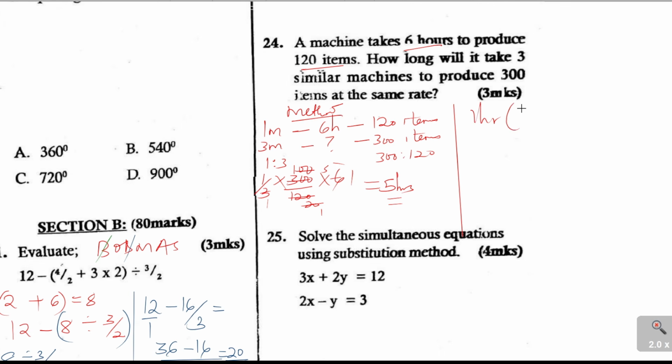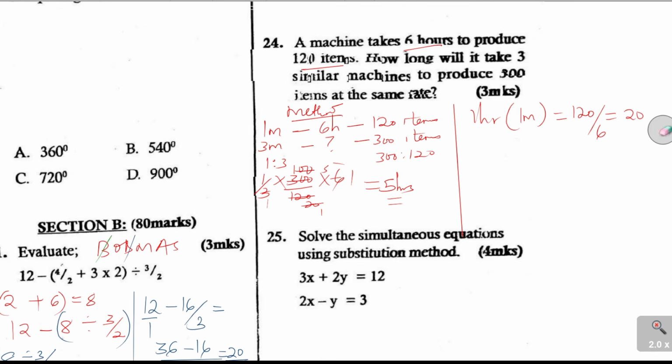In 1 hour, one machine will take 120 divided by 6, that is 20. That is the rate per machine. So not hours, but these will be items.